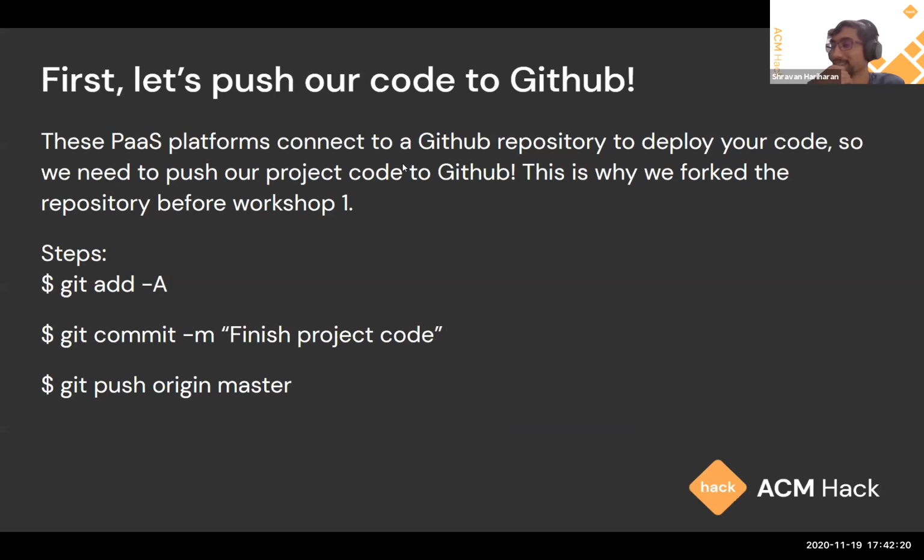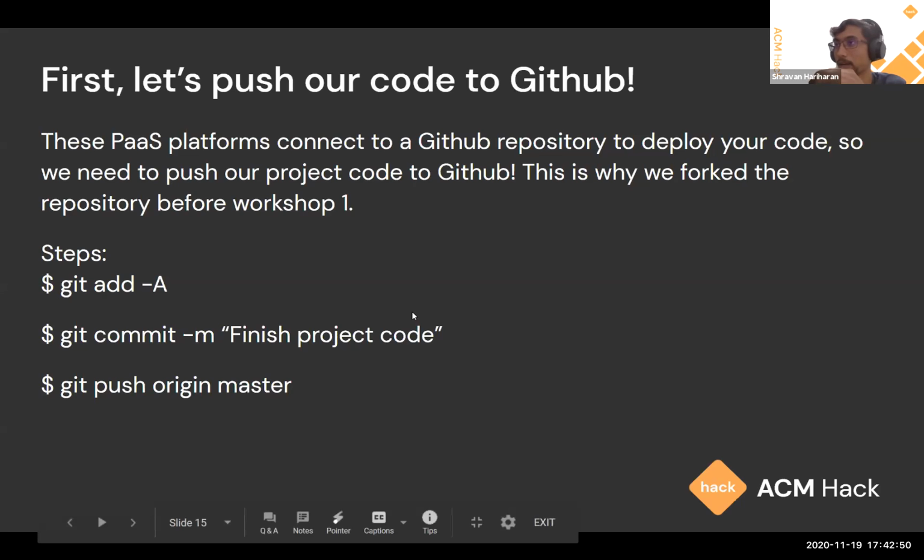Okay, the first thing we need to do before actually deploying our applications is push our code to GitHub. This is important because these servers look at our GitHub repos, take the code from that, run it, and then deploy it. So we need to make sure everyone has functional applications, so we can take a couple minutes to make sure everyone has functional code before we push to GitHub.